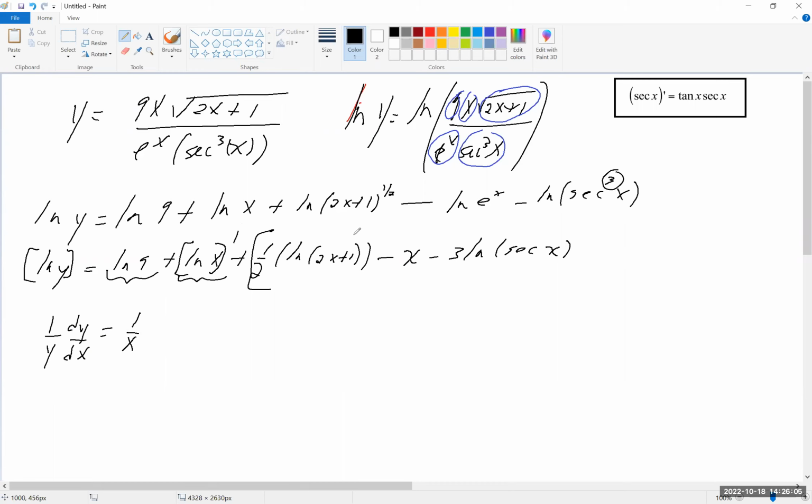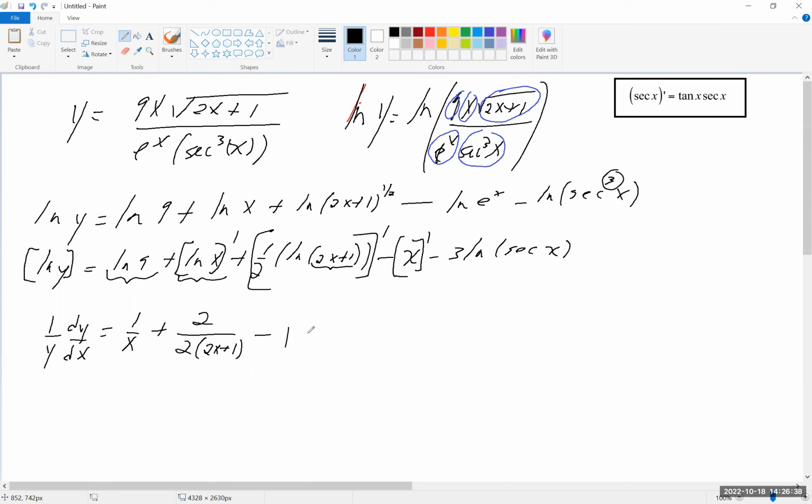The derivative of this is bring out the 1/2, and it's 1 over 2x plus 1. But I have to take the derivative of the inside function, and that gives me a 2. All right, the derivative of this function is a 1.